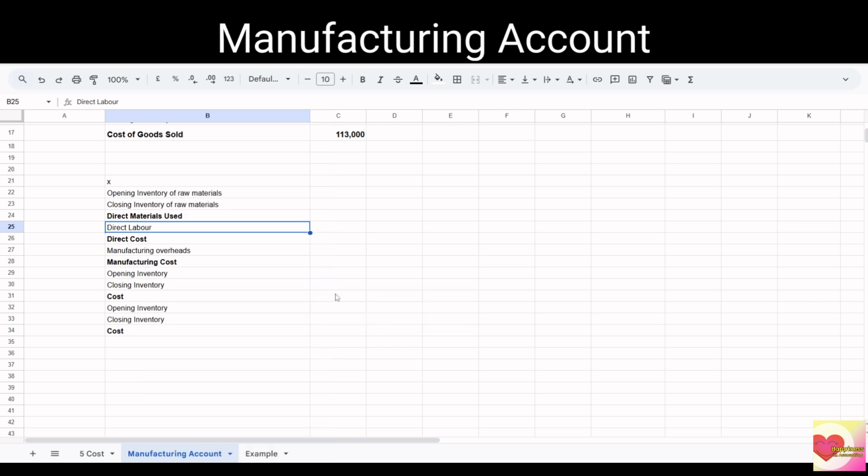The next stages both start from costs, and it's either cost of goods manufactured or cost of goods sold. They both have goods in them, but of course, goods manufactured comes first before being sold. So this is cost of goods manufactured, and this is cost of goods sold.